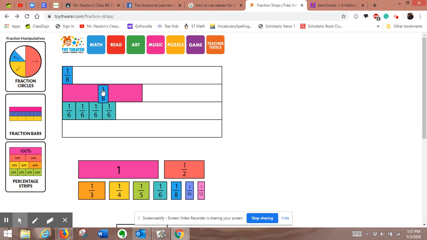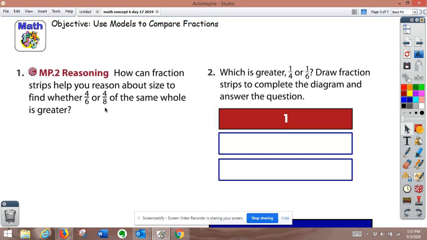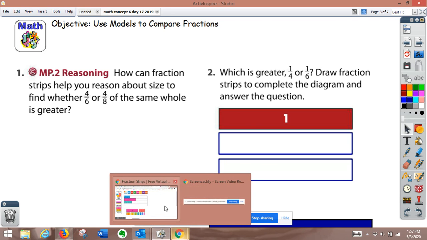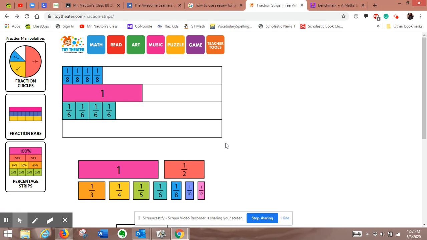Same thing with my 8s. I'm dividing it into 8s. So I don't need all 8 of them up there though, because I'm only talking about 4. Remember, 4/6 or 4/8 of the same whole.